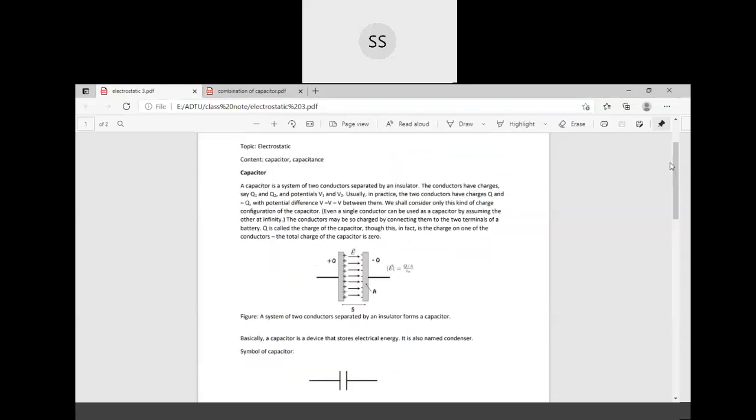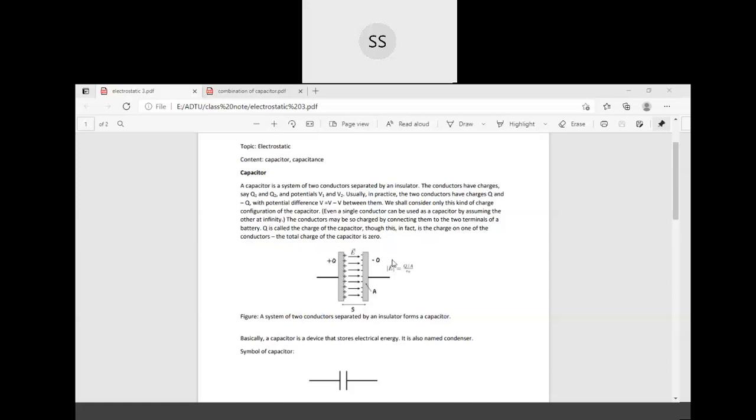Okay, so a capacitor was a device which stores charge, right? And it has two plates. One is positive, one is negative. The positive and negative plates have the same amount of charge, and in between them there is an insulator which keeps the two plates separated, right?